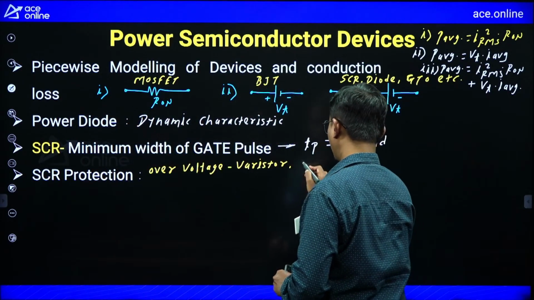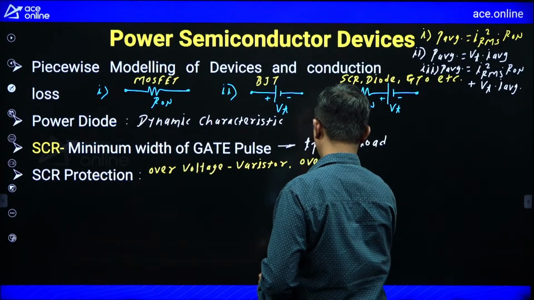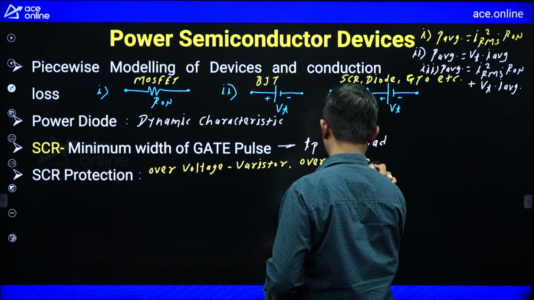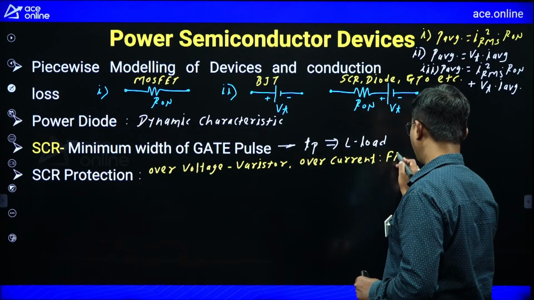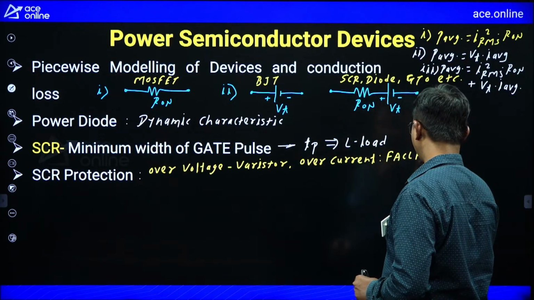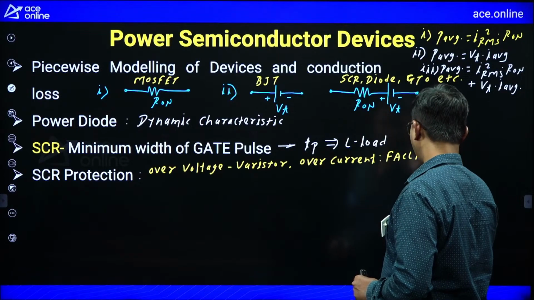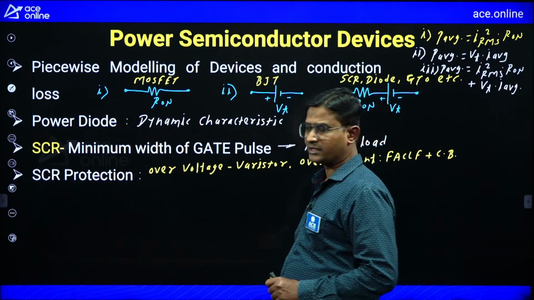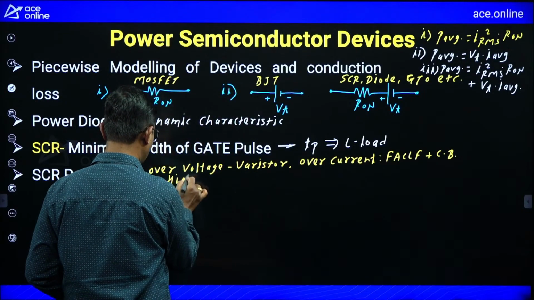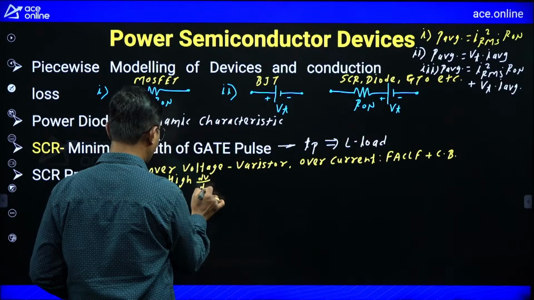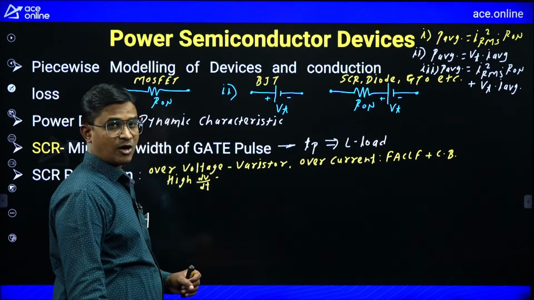Second, over current protection. For over current protection, we are using a fast acting current limiting fuse, that is FACLF, and a circuit breaker. Next, high dV/dt protection. For high dV/dt, how to protect?